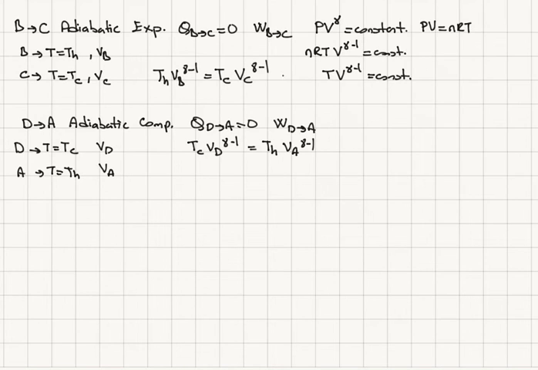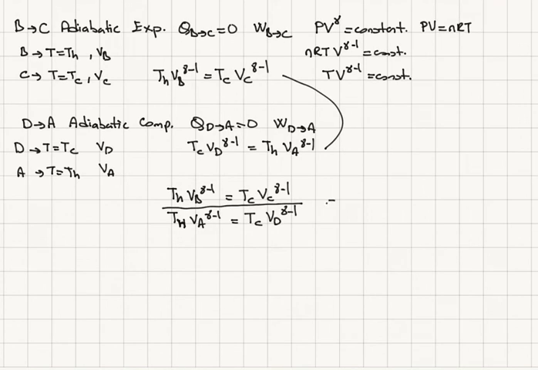So if I use these two equations, let's put them together. Th Vb to gamma minus 1 is Tc Vc to gamma minus 1. Th Va to gamma minus 1 is Tc Vd to gamma minus 1. So I want to take the ratio of these two.